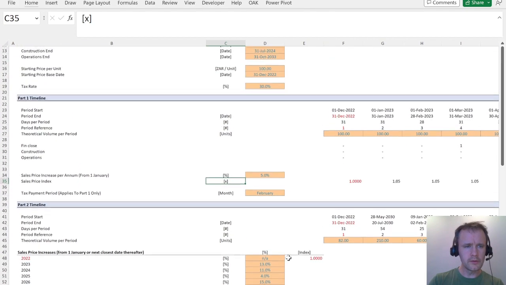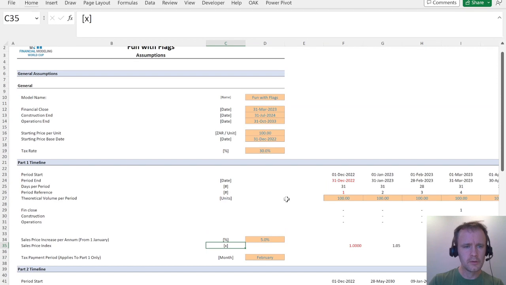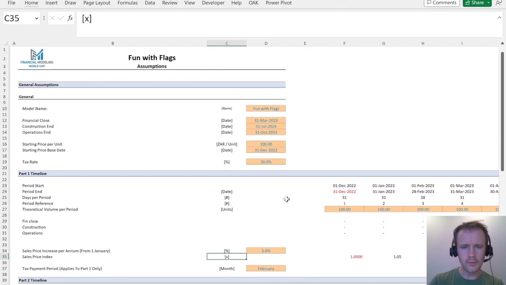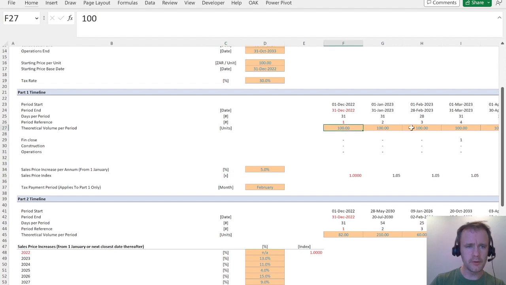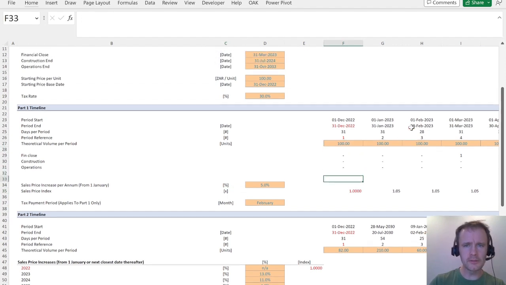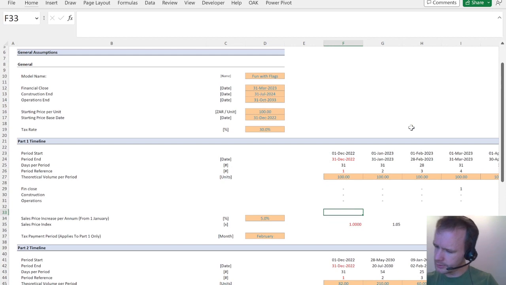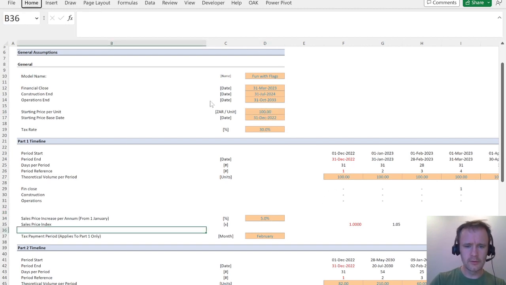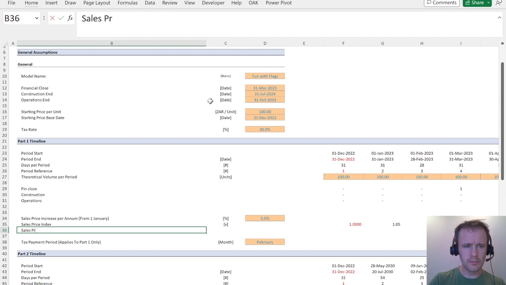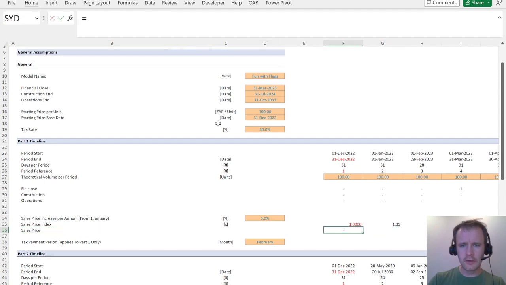So what's the question? Are there volumes? Oh, sorry, theoretical volume per period. There we go. Sales price index. So where's the actual sales price? Selling price per unit is quoted, but where is the selling price per unit? Help. Oh, there we go. Starting price per unit. Fine. So sales price, and that is this block times this.